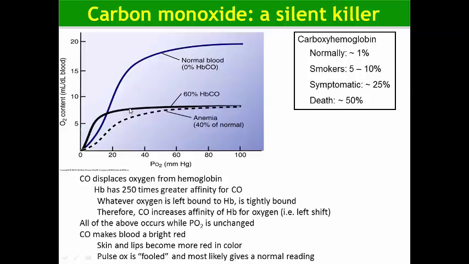The oxygen content has decreased because the hemoglobin is now engaged with binding carbon monoxide, because its affinity for binding carbon monoxide is 250 times the affinity for binding oxygen. And whatever hemoglobin is left binding oxygen, now it binds oxygen very tightly. So the curve, which is in solid black, is shifted to the left.